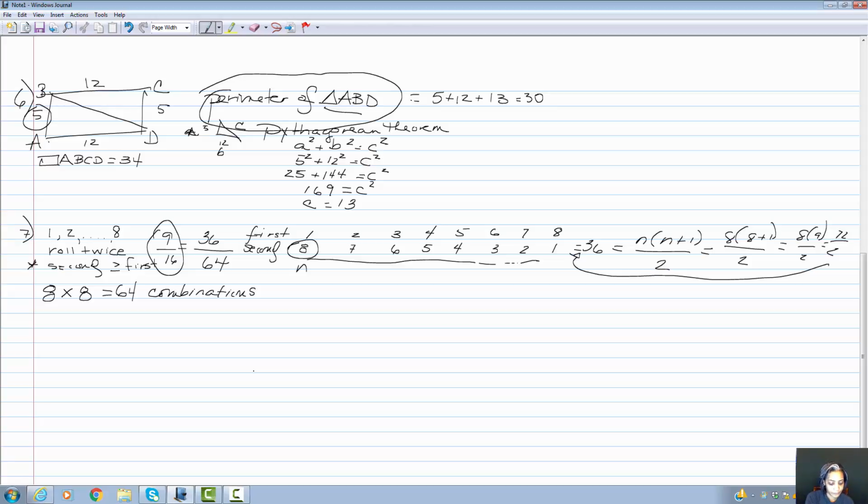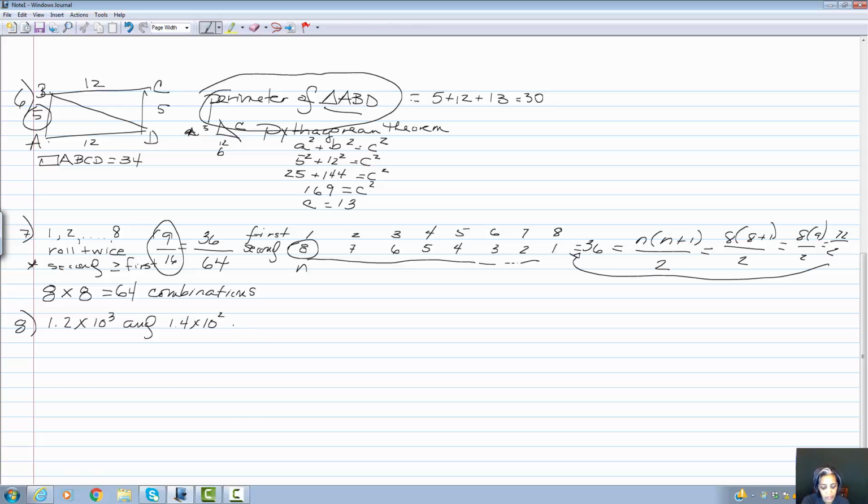Number 8. In scientific notation, what is the product of 1.2 times 10 to the third and 1.4 times 10 squared?